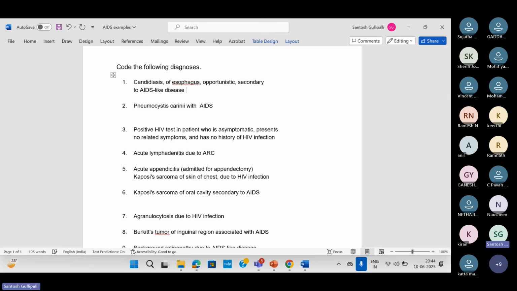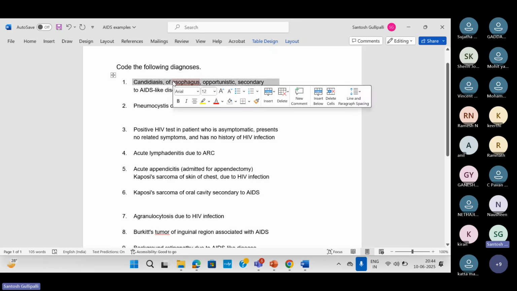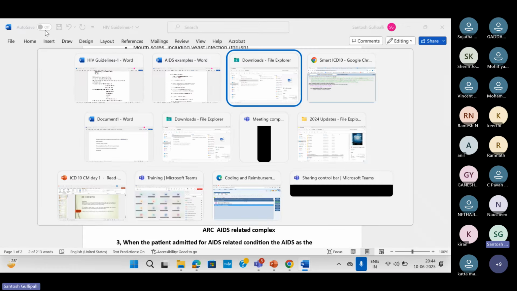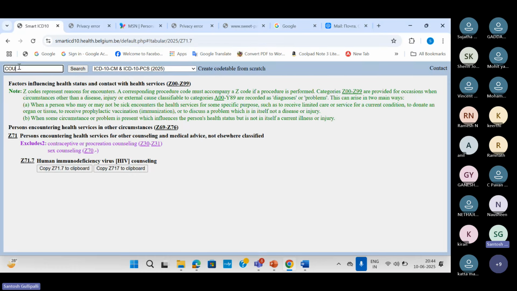What is the PDX in this example? AIDS. What is the diagnosis code for AIDS? B20. So you can assign B20 and give an additional code for candidiasis of esophagus.